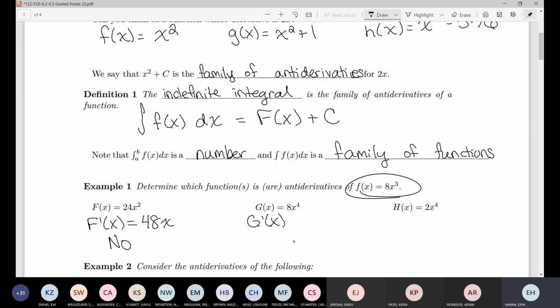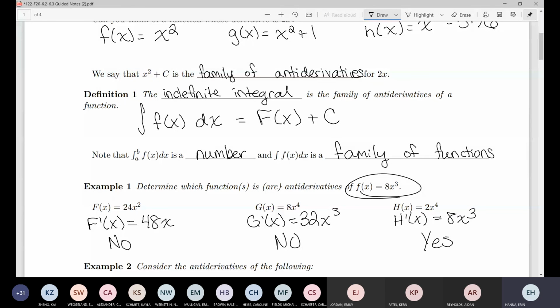So that ain't it. What about the derivative of this g? If we bring the power down, 8 times 4 is 32. Subtract 1 from the power. Well, now we've got x cubed, but we don't have 8. So that ain't it. And what about this one? Well, the other two didn't work. Bring the power down. 2 times 4 is 8x cubed.